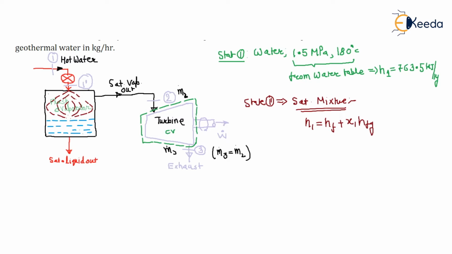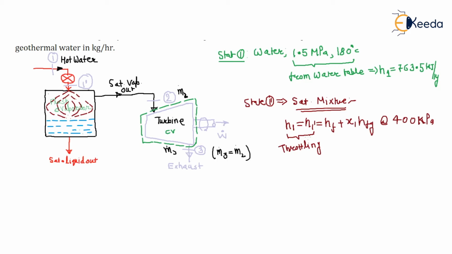So hf and hfg you have at 400 kilopascal, but how can you calculate h1 dash? h1 dash is nothing, it is equal to h1, because it is a throttling process.